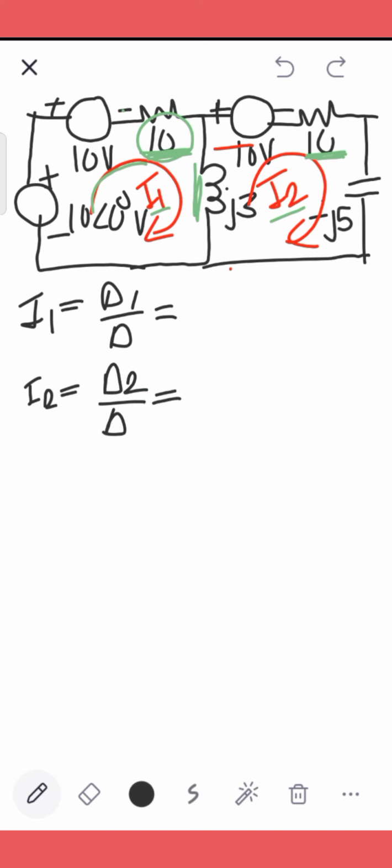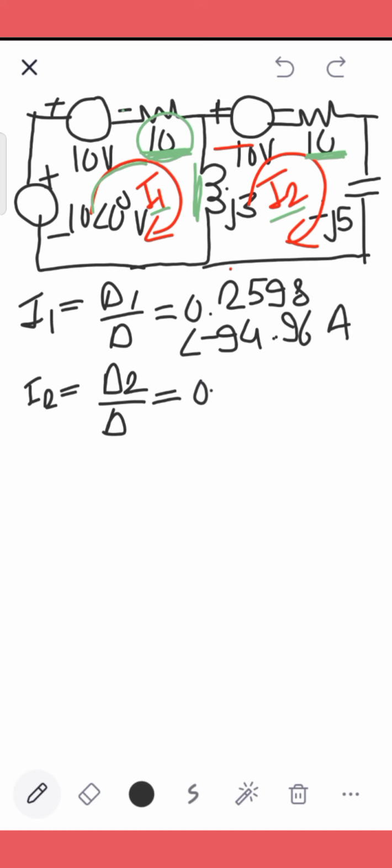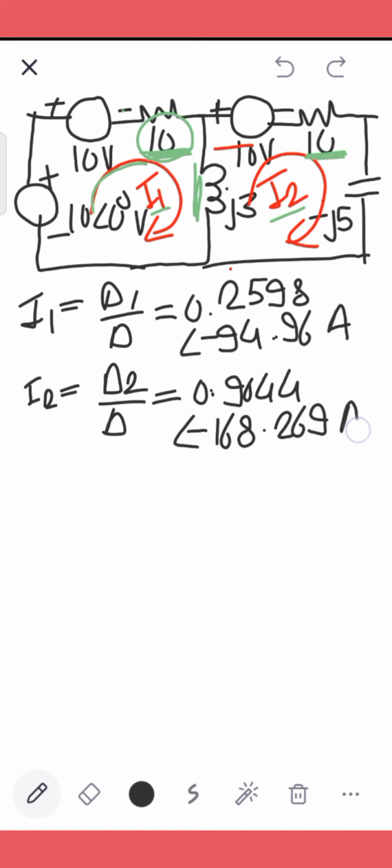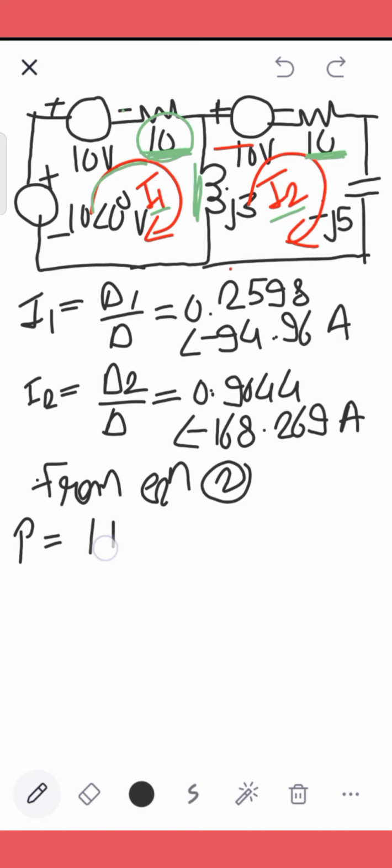Answer: first one, I1 is 0.2598 at an angle of 96.4 degrees, and I2 is 0.9044 at an angle of 269 ampere.